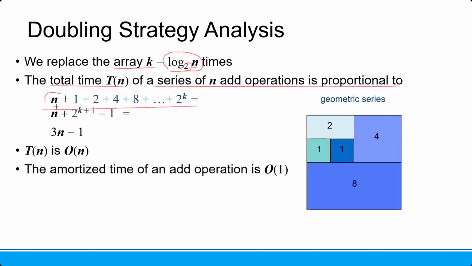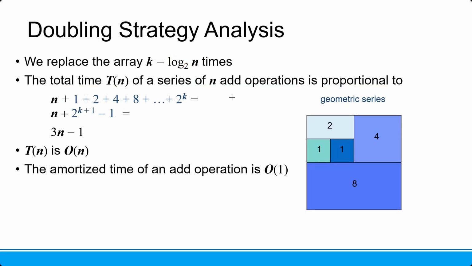When we have the array with n elements and we want to add another element, let's say this is one time, then two times, then 4, then 8. So this is a doubling strategy: double, double, double, 16, then 32, and so on. Then we can have this as a geometric series.